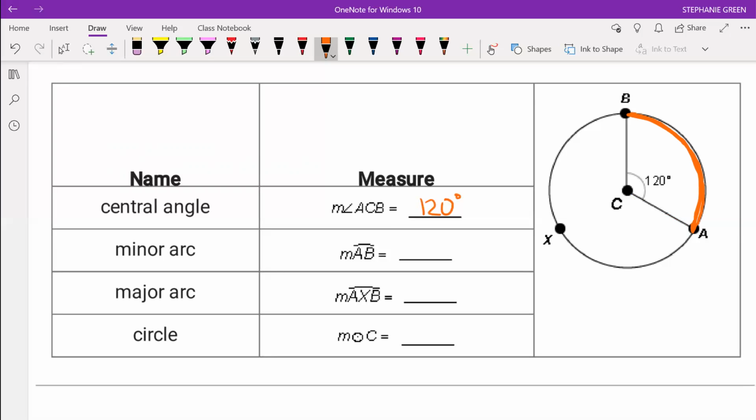It will also be 120 degrees. And the measure of my major arc needs to be what I would add to this to get a full circle. 120 plus 240 is 360. So my major arc has to be 240 degrees. And the measure of any full circle is always 360 degrees.